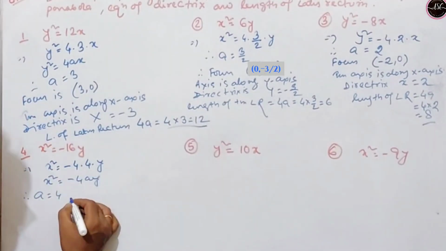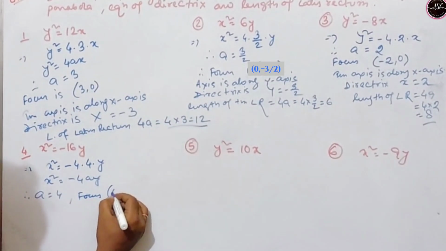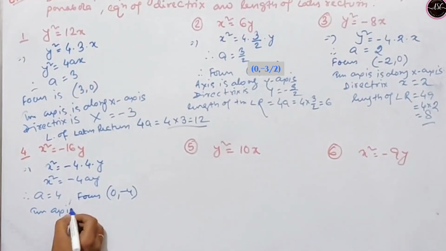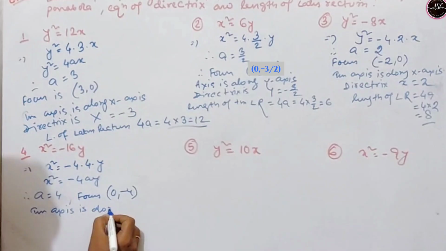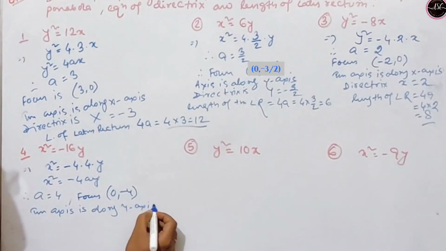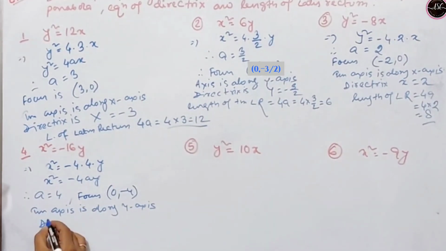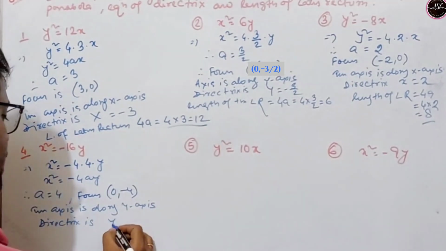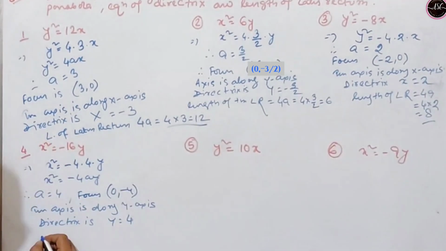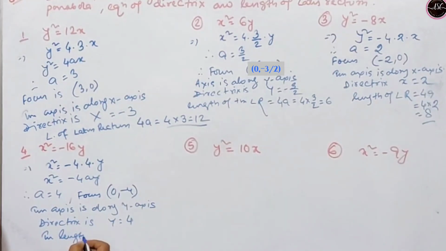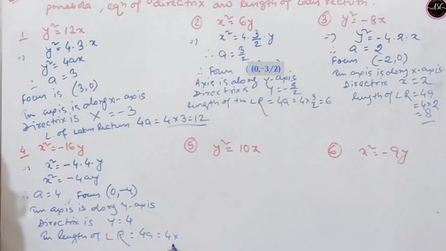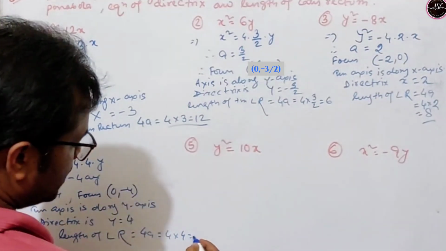So the focus is (0, -4), the axis is along the y axis, and the directrix is y equal to 4. The length of the latus rectum is 4a, that means 4 into 4, that means 16.